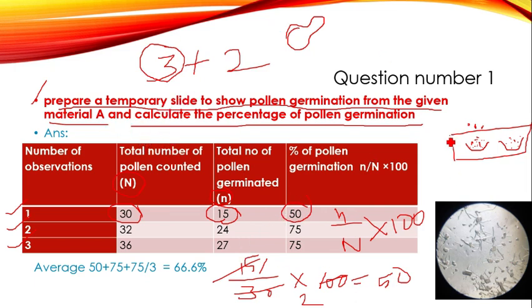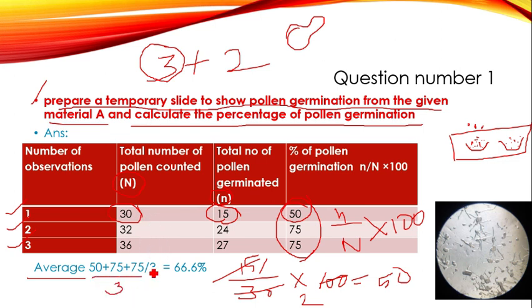Like that, second time also you have to do, third time also you have to do. Finally, you have to calculate the average percentage of pollen grains which are germinated. How to calculate the total average percentage? For that, we take all the 3 percentages which we got above and divide by 3.